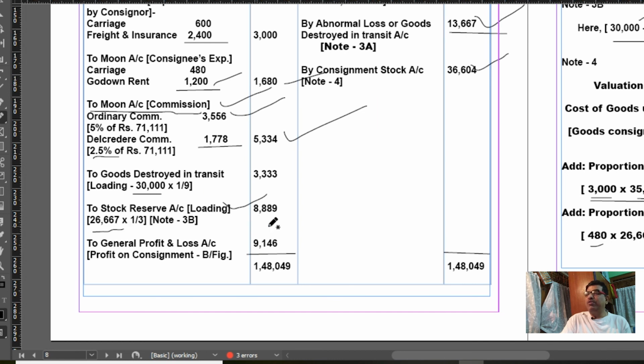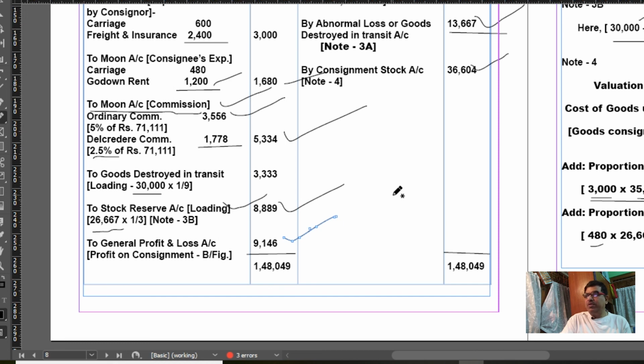Therefore, we got the loading 8,889. And ultimately, general profit and loss account was 9,146.